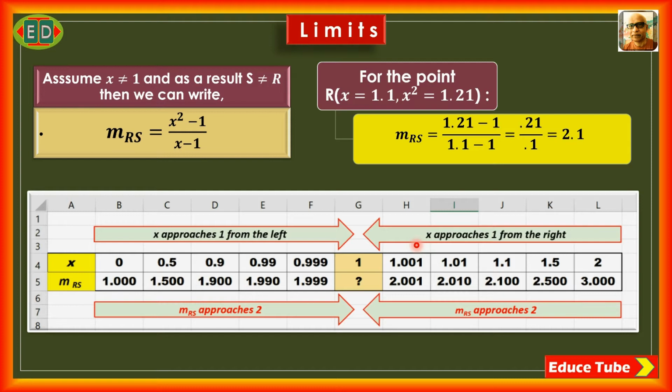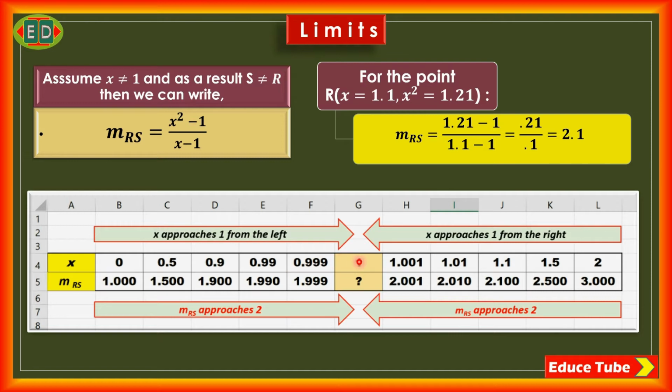This table shows the value of MRS for several values of x close to 1. Already I told you x approaches 1 from the left and from the right. So according to this, we got the slope MRS for several values of x close to 1.